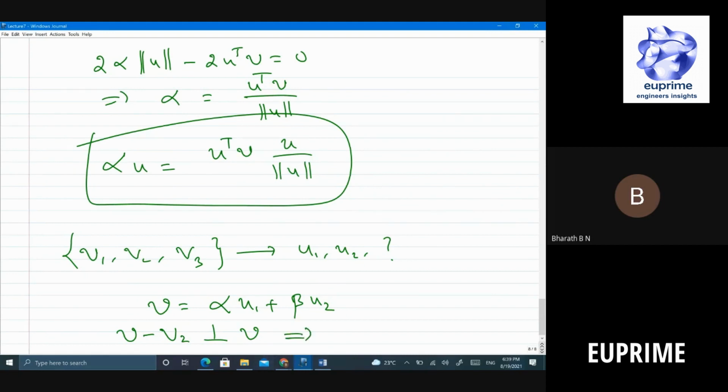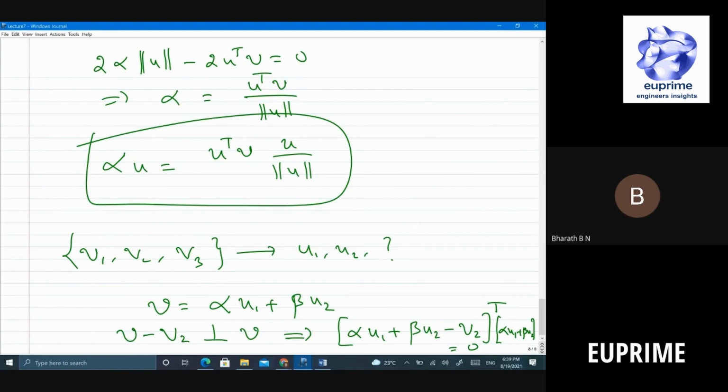V minus V3 transpose V is 0. So what is V? V is alpha U1 plus beta U2. So this is V minus V3 transpose, again alpha U1 plus beta U2, is 0. I want to have this. Is that fine, everyone?